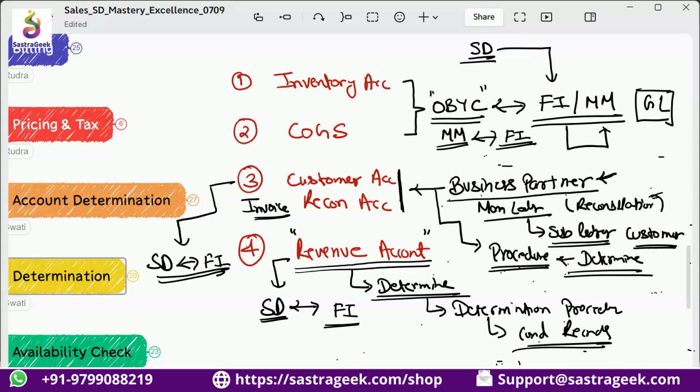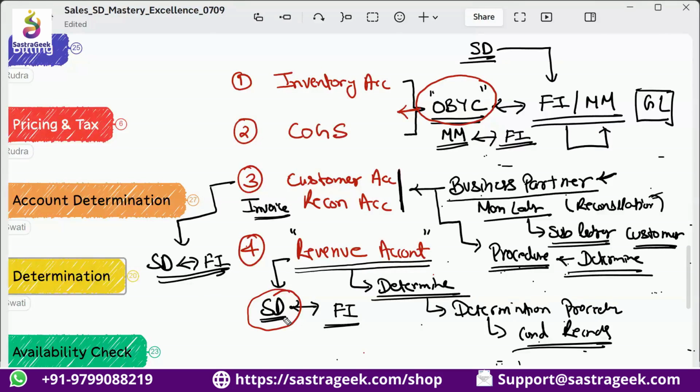The same thing which an MM consultant does here in OBYC setting, where he connects with the FI guys, tries to understand on what different conditions which account needs to be determined, and does the setting. Although this OBYC setting is very different from what we do in revenue account determination, the same thing the SD consultant does: he tries to understand with the finance team what different accounts need to hit in different conditions.